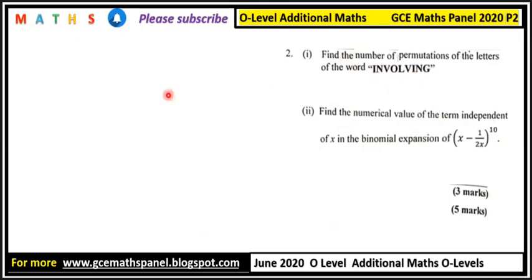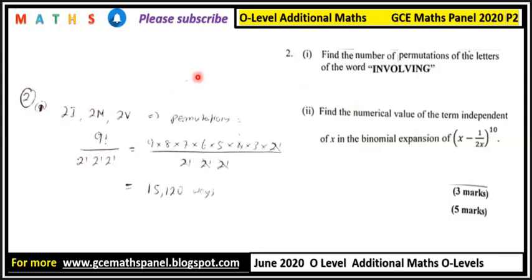Here we are looking for the number of permutations and not the combinations. Normally, the number of arrangements of this word should be given as n factorial, but since we have 2 I's occurring, 2 N's and 2 V's, we divide by 2 factorial, 2 factorial, 2 factorial for each of the letters that occurs twice. If any of the letters occurred thrice, for example, we'll divide by 3 factorial for that particular letter.